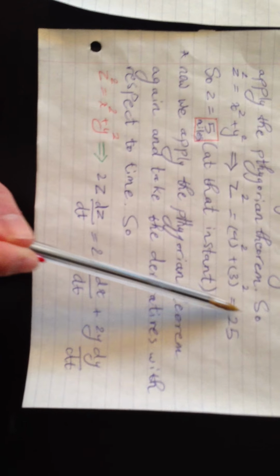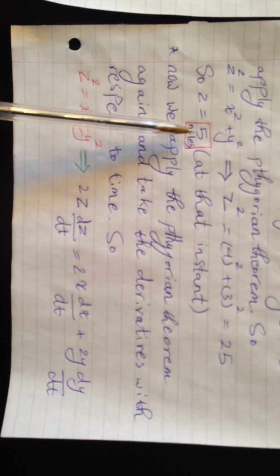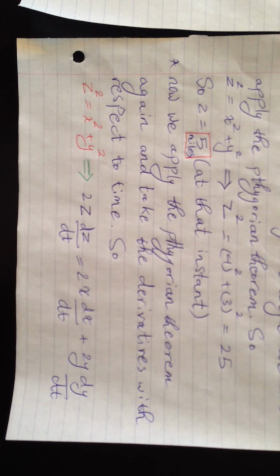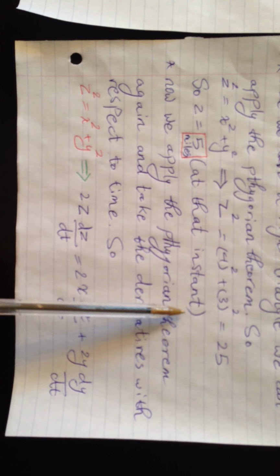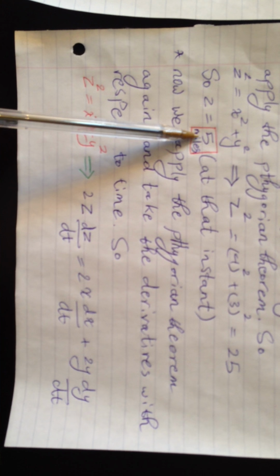When we take the square root of 25, z equals 5 miles at that instant. So z is 5 miles at that instant, x is 4 miles, y is 3 miles at that instant too.